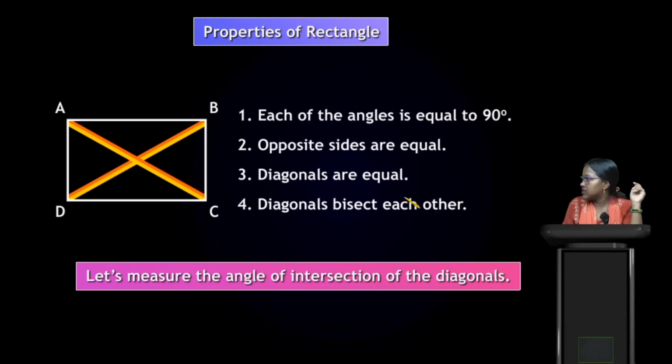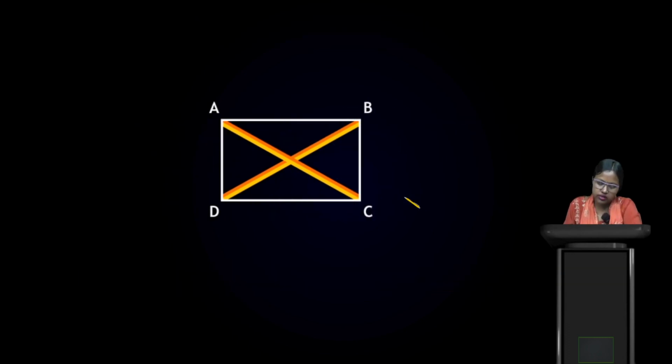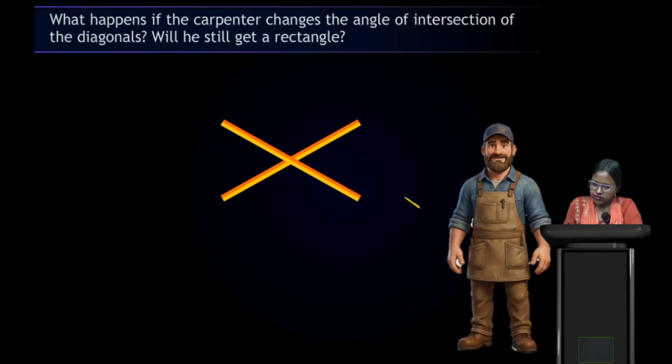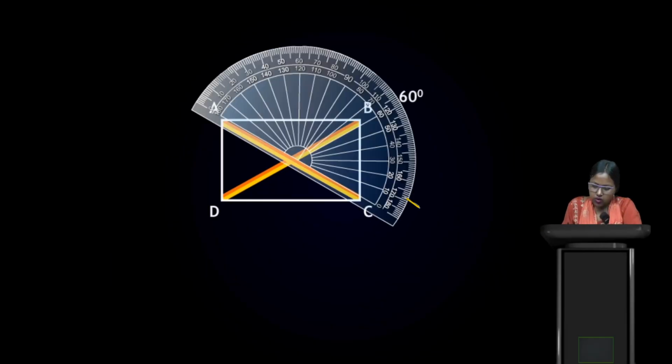Let's measure the angle of intersection of the diagonals. Okay, when you are measuring, you can see it is almost equal to 60, right?